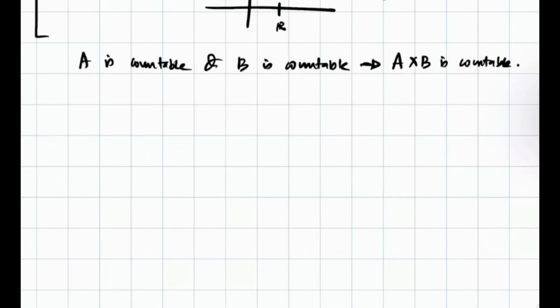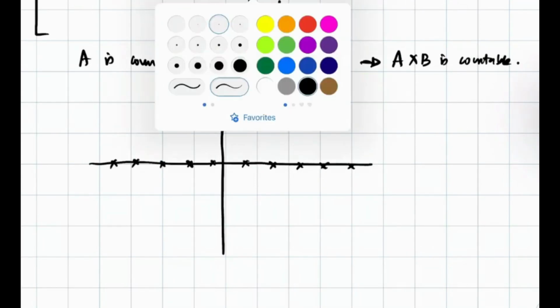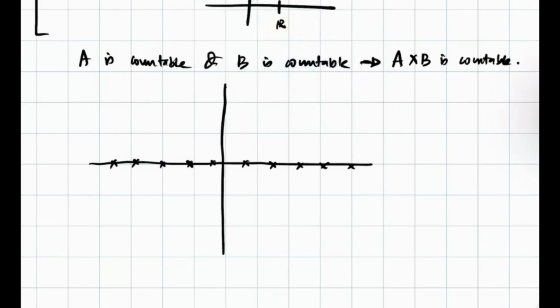Interesting, right? So essentially, the basic idea is this: if A is countable, that means you can count the numbers like here, like this one, this one. And here on the x-axis, you can also count. And you're taking these points, like the cross product of them.